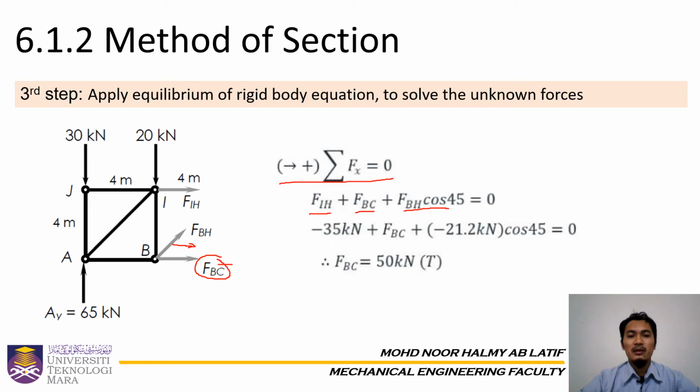So we're going to get FBC is equal to 50 kilonewton. Since it's positive, it shows that the members are in tension.